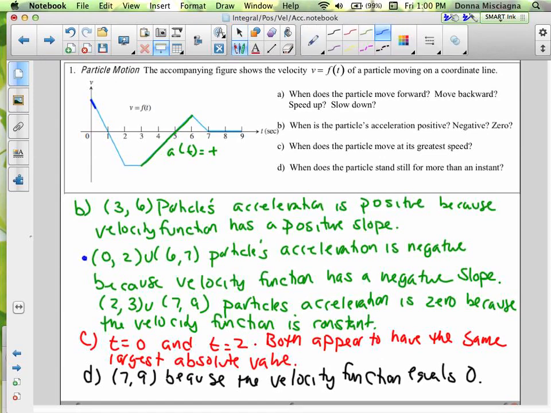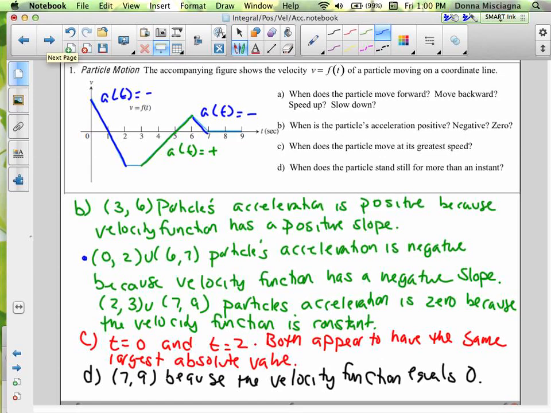anywhere, acceleration is going to be negative anywhere velocity has a negative slope. So right here, a of t is negative there, and a of t is negative there. If your velocity has a negative slope, your acceleration is negative.